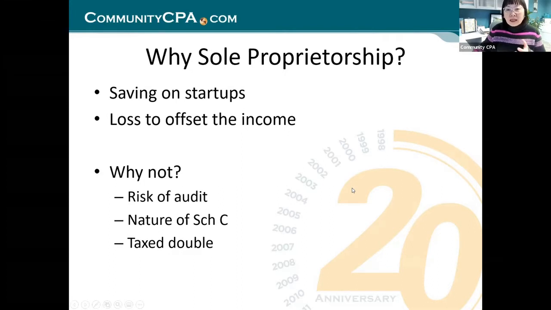So why a sole proprietorship? You might ask, in what case would I want to be a sole proprietor? In some cases, people want to be sole proprietors, for example, if they don't want to spend money to set up a business and want to save on startup costs. Of course, as a sole proprietor, you don't need to set up anything.